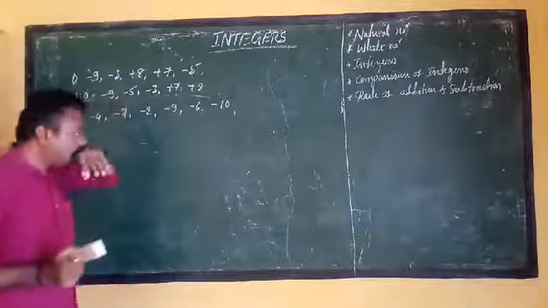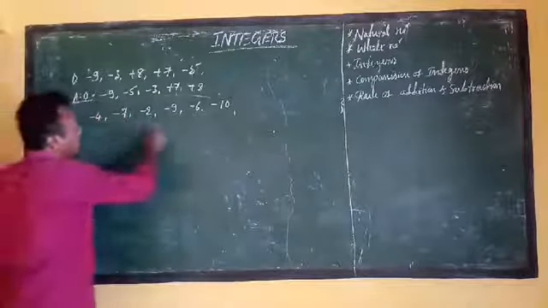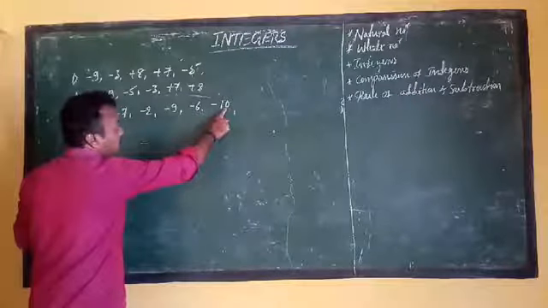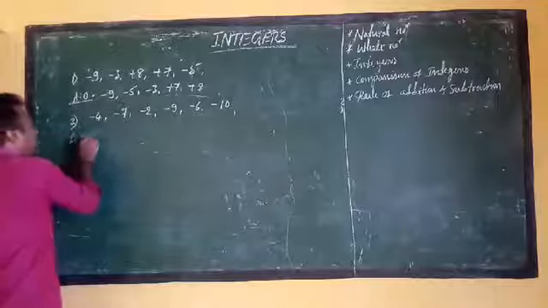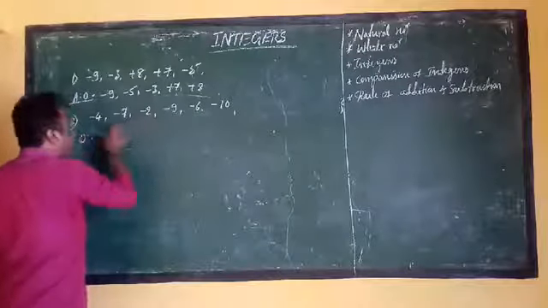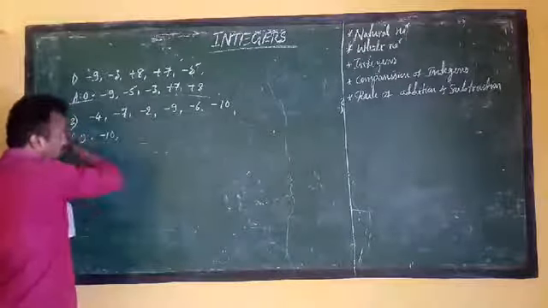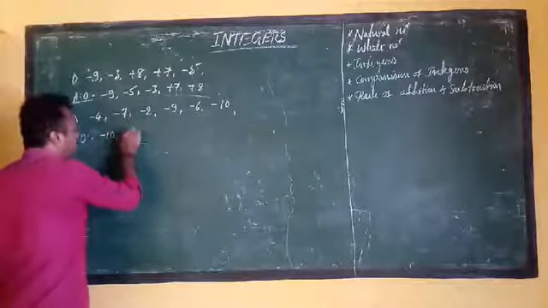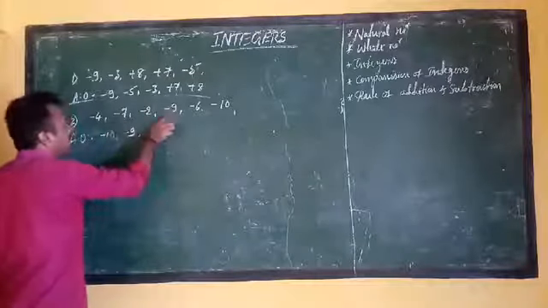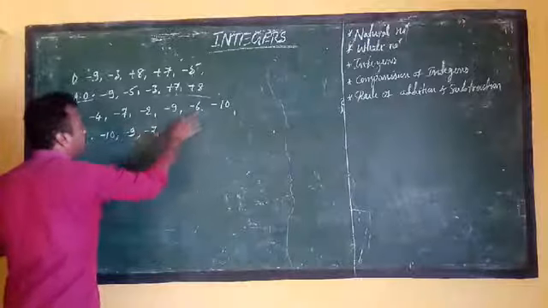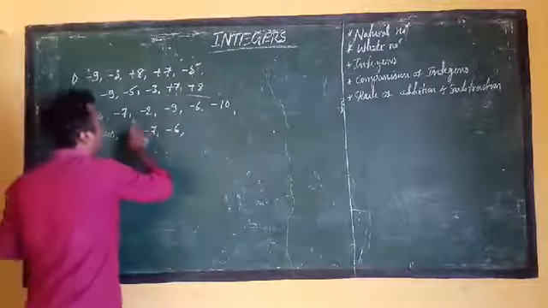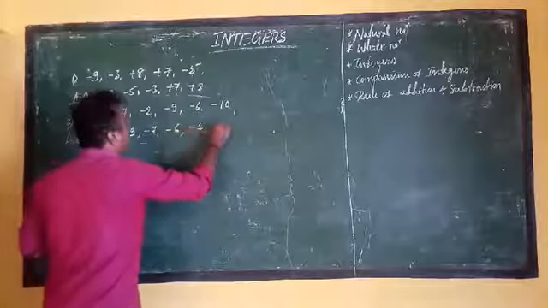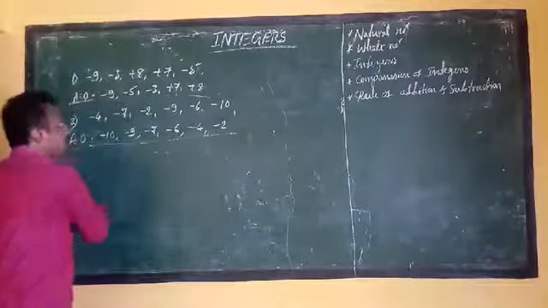The highest negativity here is minus 10, therefore this is the smallest value. If you write the ascending order, write the smaller first: minus 10, then minus 9, then minus 7, then minus 6, then minus 4, and then minus 2. So this is the ascending order.